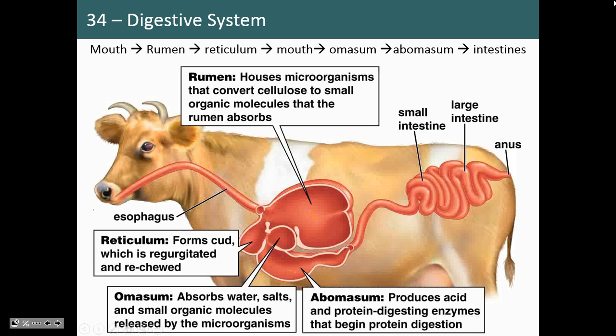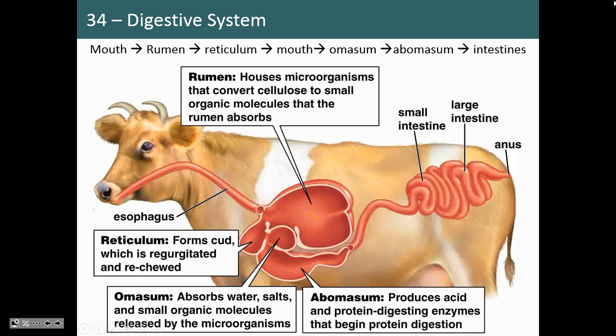Food in the rumen undergoes some fermentation. Cellulose begins to break down, and the solids sort of move into the reticulum, where they condense and form something that's called a cud. If you've ever watched a ruminant eat, you see like the bulbous cud comes back up their throat, and then they chew, and then they swallow again.